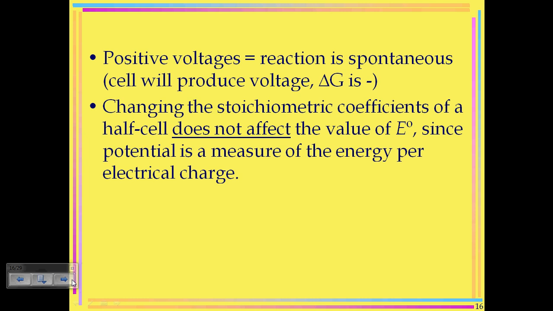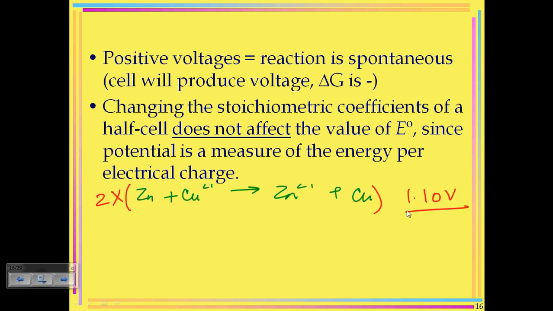The other thing you need to know is if for the reaction zinc plus Cu2+ gives you Zn2+ plus Cu, cell potential was 1.10 volts, and if you times it by 2, cell potential will not double because cell potential is per unit charge.